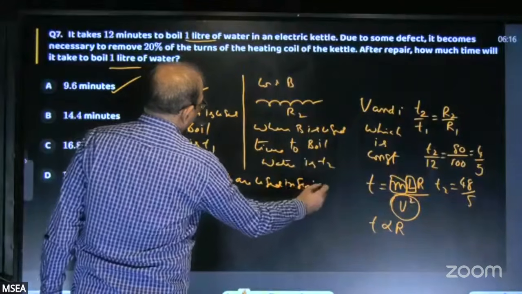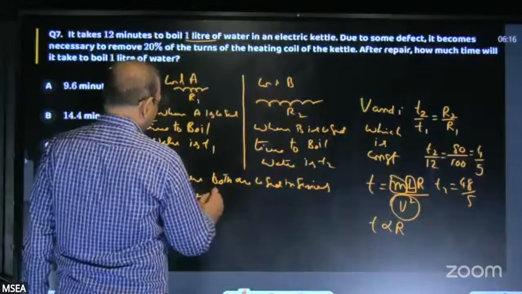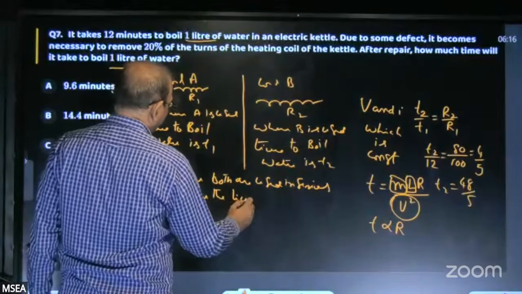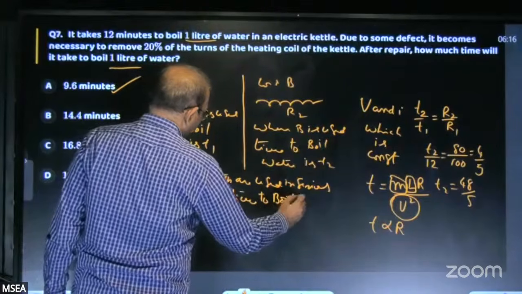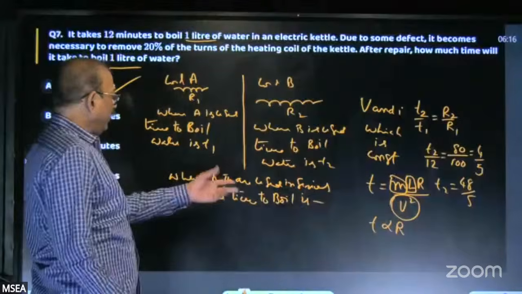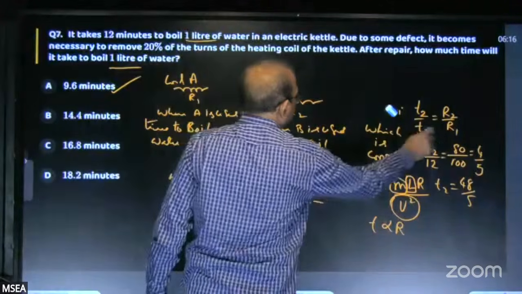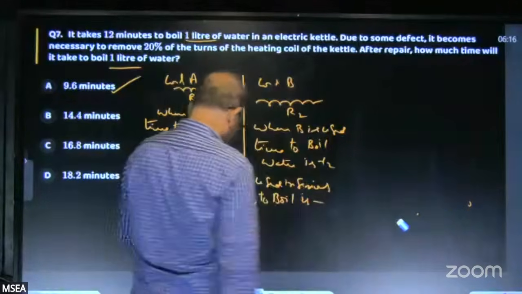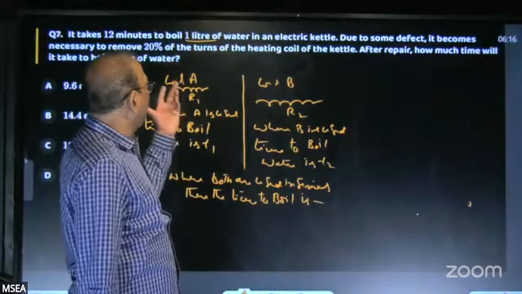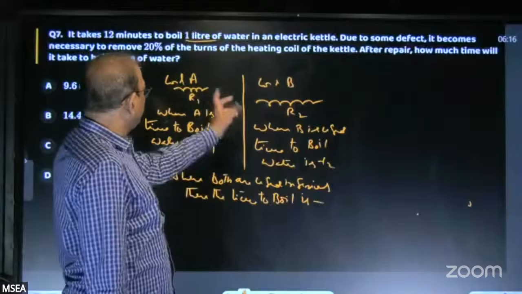then the time to boil water is dash. Or when both are used in parallel, what is the time taken to boil the same amount of water? Like this, another important model is there on power. How to do this: what is changing here?